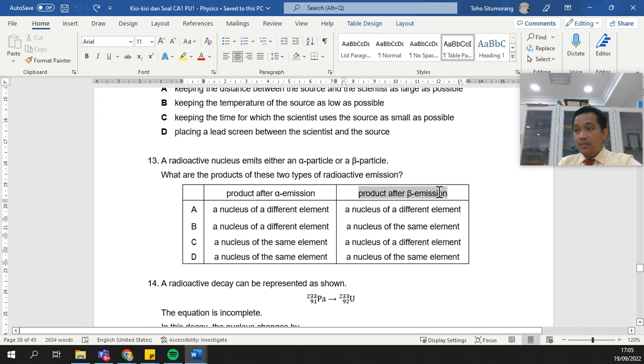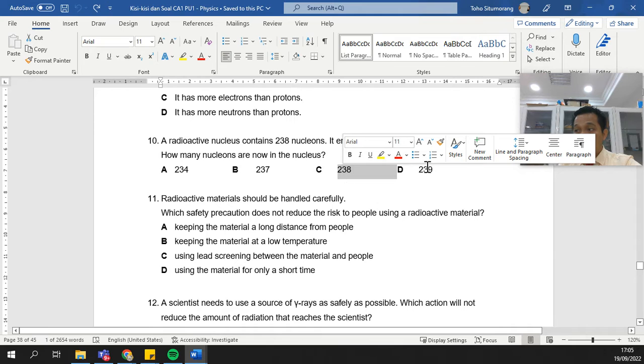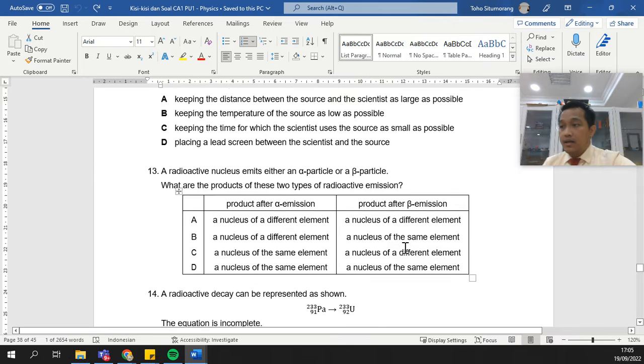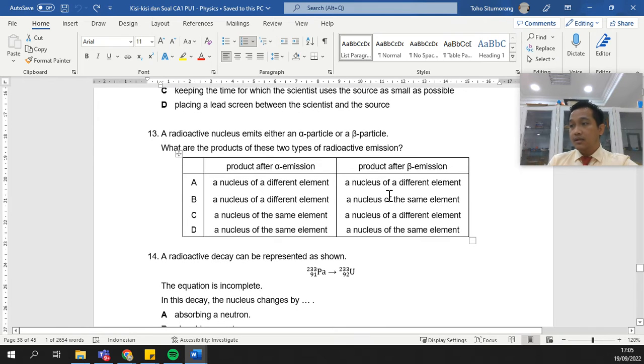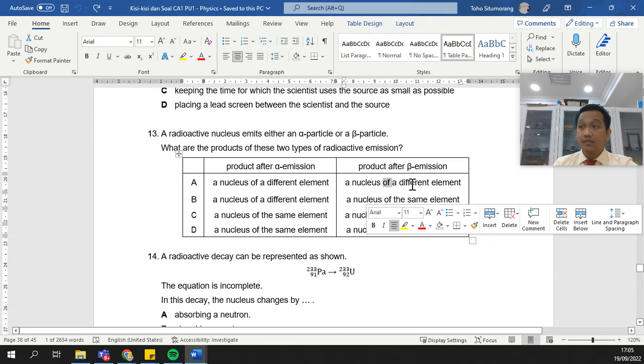Okay, while in beta emission, same thing, because previously we learned that the proton number of an atom increased by 1 if it emits a beta particle. Then also for beta particle, a nucleus of a different element will be created.